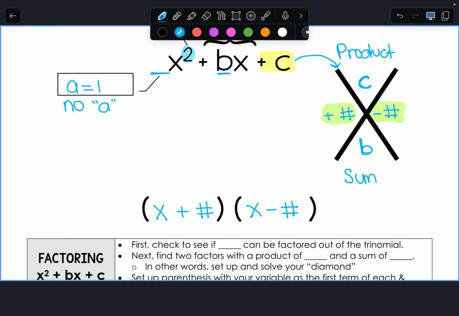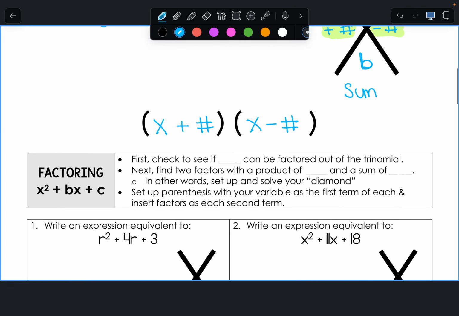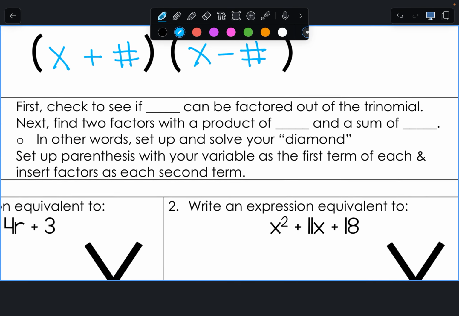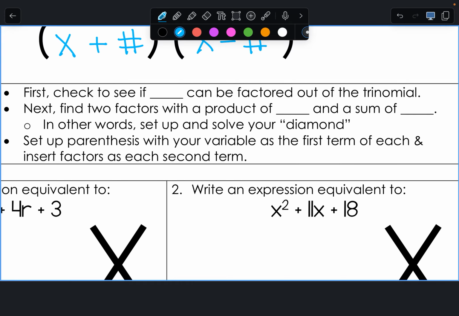It just depends on, once you solve that diamond, whether the numbers are negative or positive, okay? It looks a little intimidating, but it's really not. If you understood how to do the diamond problems, this should not be difficult.